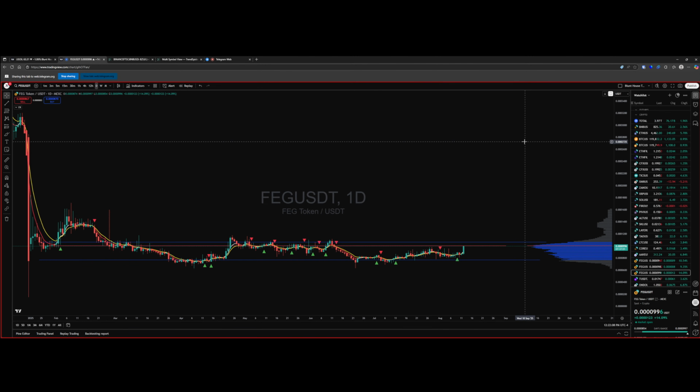While I was focused on the targets, I missed some stuff in between, and I didn't actually get to where I wanted to go on that trade. I realized I was just focused on the wrong stuff. That happens to us. So when I catch myself doing that, the first thing I do is just turn stuff off. This is a daily chart of FEG token, the T-line, 5 EMA, and a volume profile.